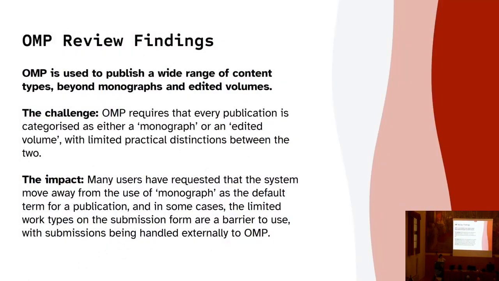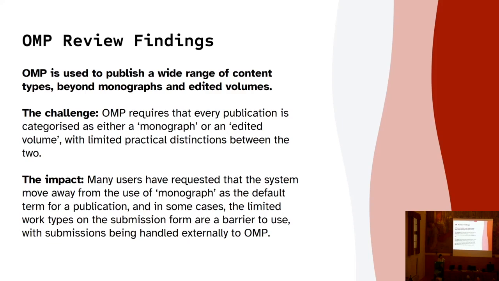Coming back to the review, one of the most substantial findings is that OMP users are using it to publish a really wide range of content beyond monographs and edited volumes, which are the two types of books that it was originally intended to support.